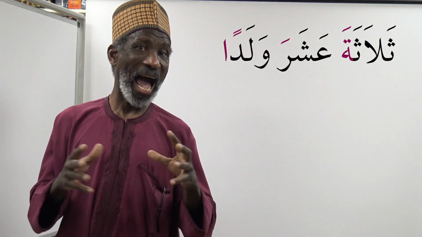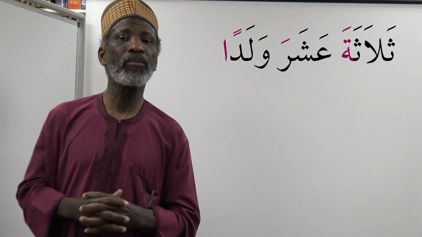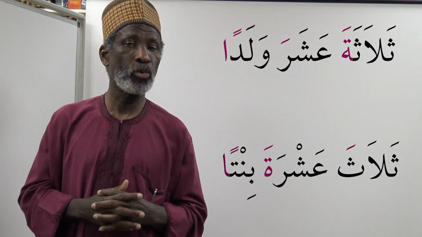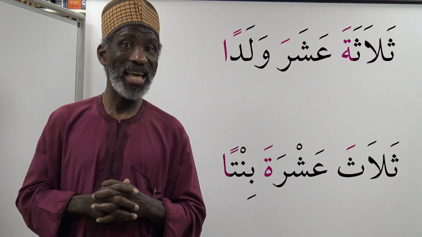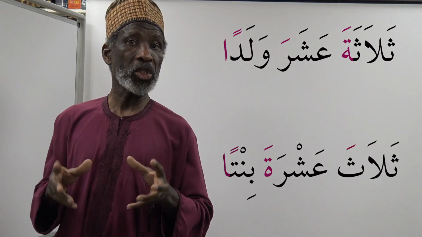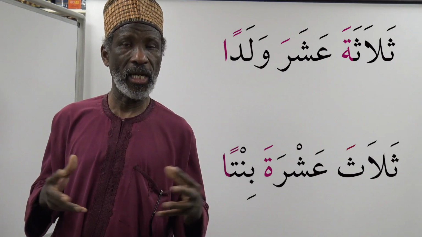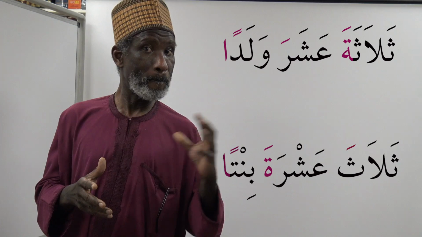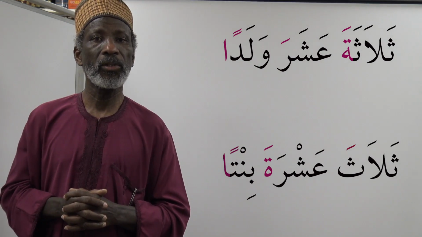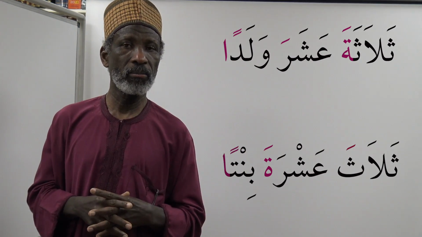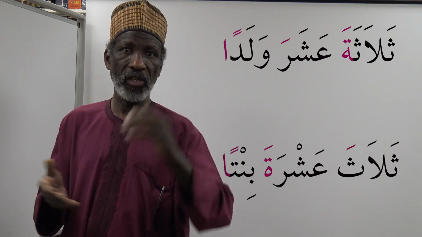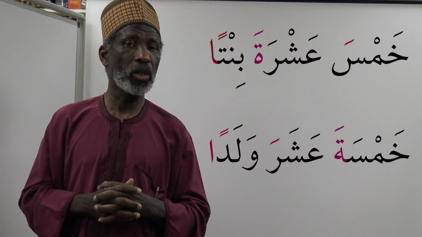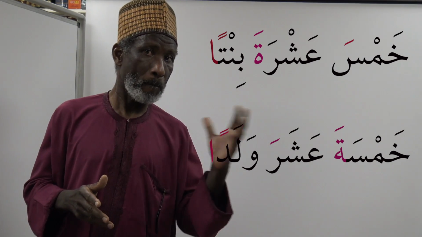Thalathata ashara waladan. For girls, you say thalatha without ta marbuta, but with fatha on the tha. Thalatha ashrata bintan. So that's 13 girls. Use the same thing for, let's say, 15 girls. You just say khamsa without ta marbuta, ashrata bintan.